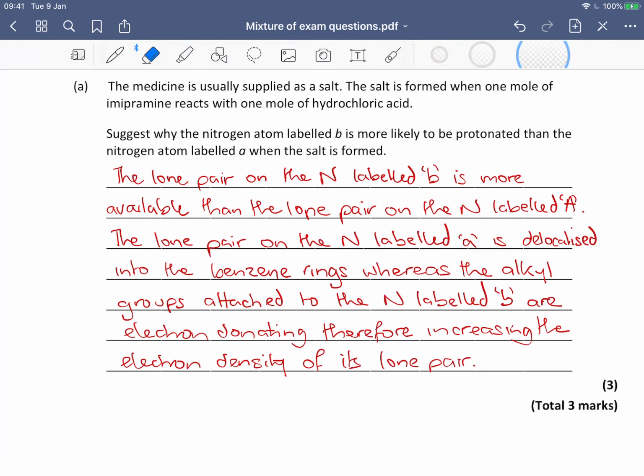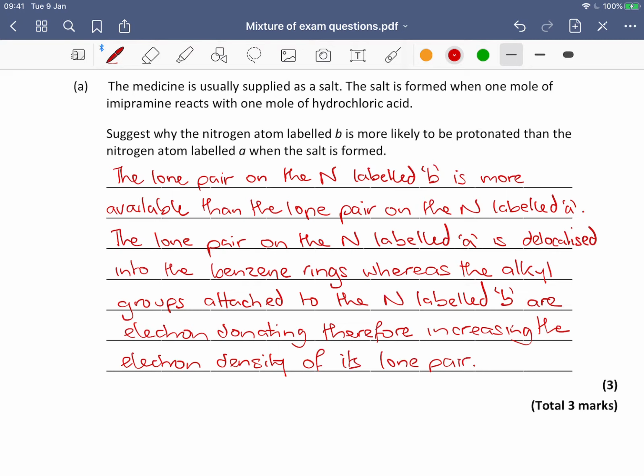And then finally, making sure that the alkyl groups are electron donating, and that they are increasing the electron density of the lone pair. And that's our 3 marks.